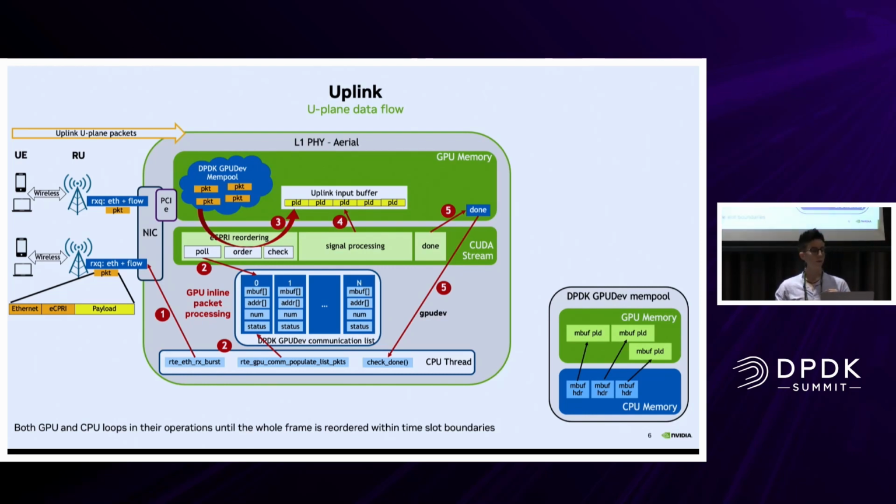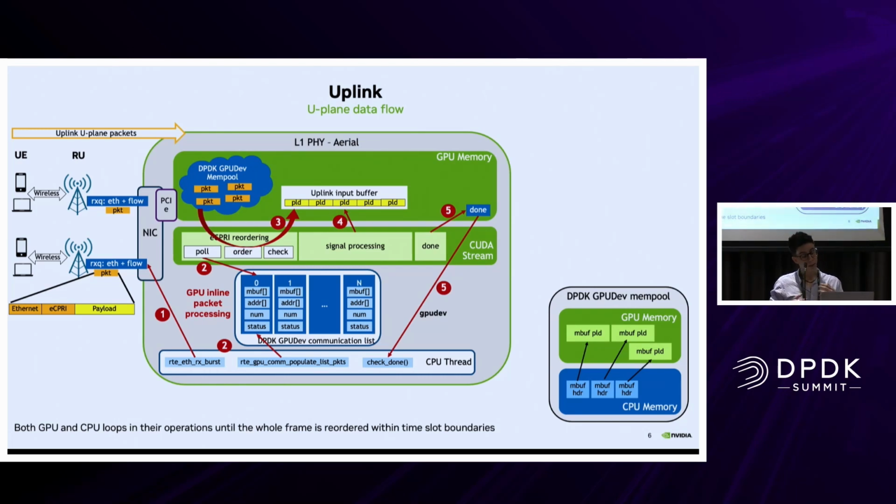That is a CUDA kernel responsible to wait for new packets, so an update coming from the CPU, and as soon as it detects this update, it reorders the received packets. That means in a parallel way, of course, because we are on a GPU, it looks at all the received packets, and for each packet it tries to detect information from the header, the Ethernet header and the eCPRI header, to understand in which offset of the uplink input buffer the payload of that packet should be copied.